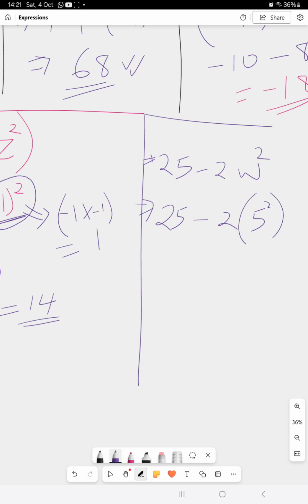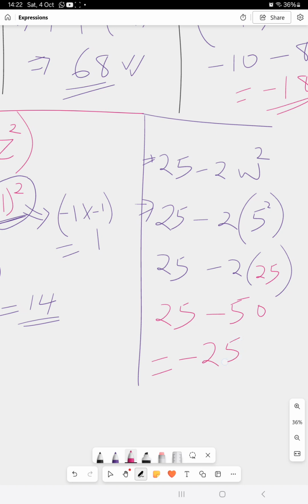And this means 25 minus 2 into 25. This means it is 25 minus 50, and the answer you get is negative 25. As simple as this.